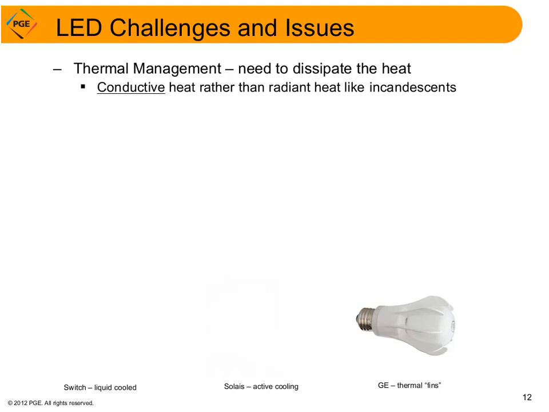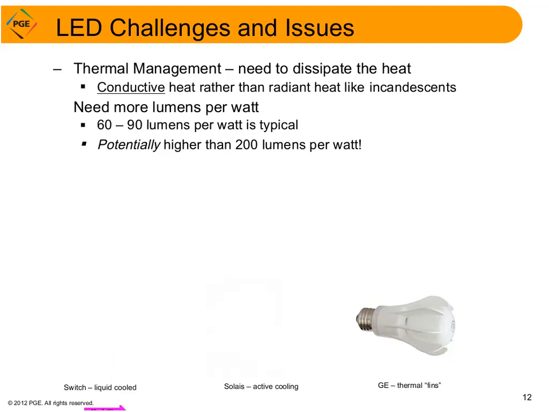One of the things that we need is more lumens per watt. It's currently very good, but the potential is possibly even 200 lumens per watt or more, which is much higher than any incumbent light source. One of the main drawbacks or the current barrier to adoption is the expense of LEDs.